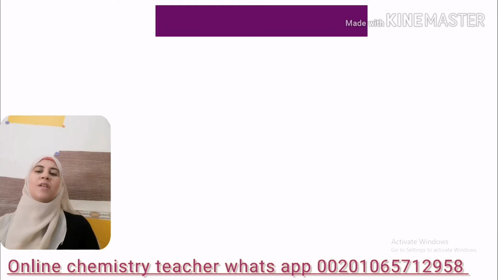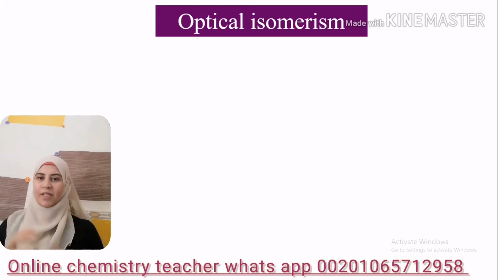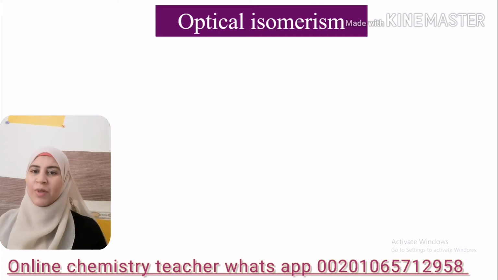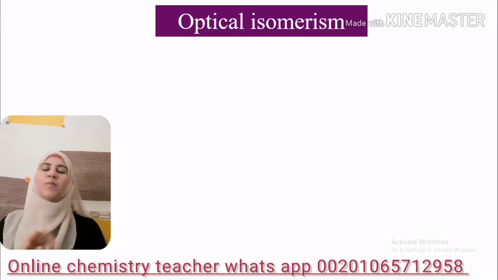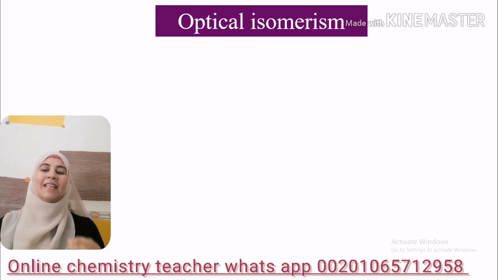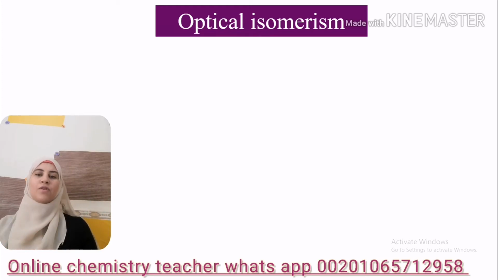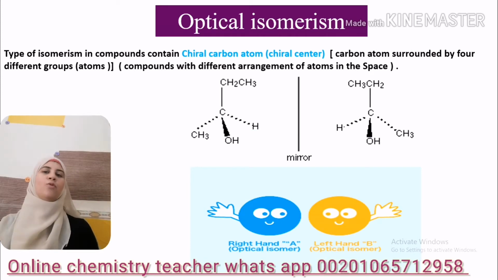Optical isomerism is one of the different types of stereoisomerism. The first type is geometrical isomerism and the second type is optical isomerism. We can find optical isomerism in chemical compounds which contain a chiral carbon atom.